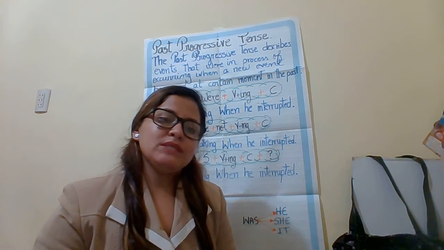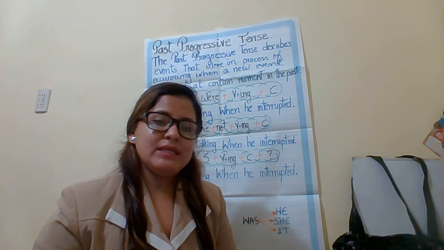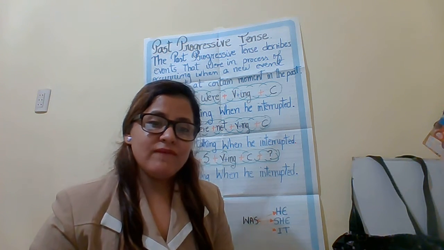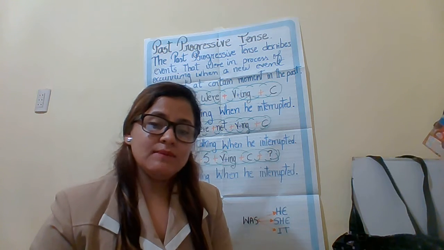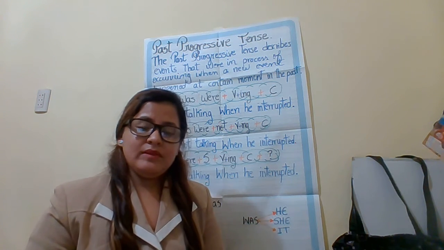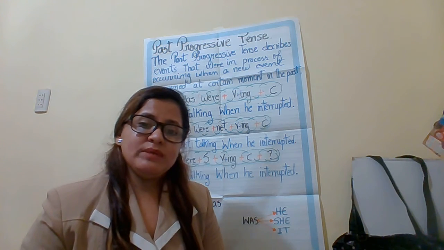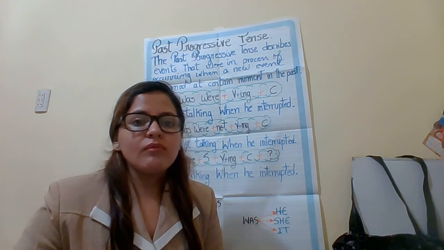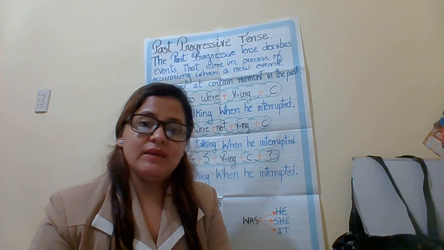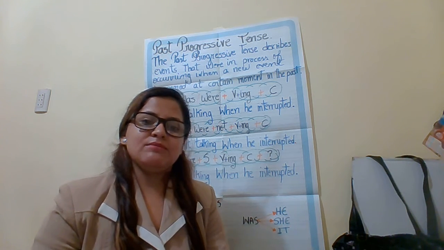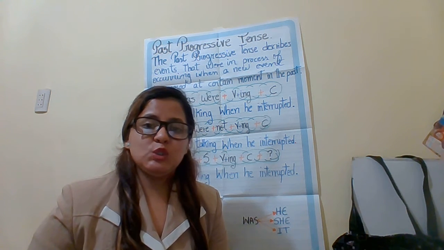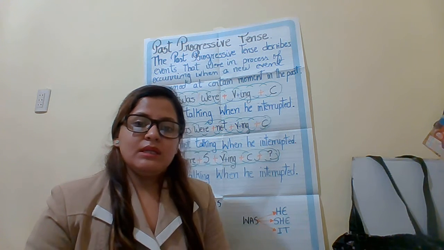Then I'm going to explain step by step my five lesson plans. The first point is the information data. The topic is the past progressive tense. The date is May 15, 2020.